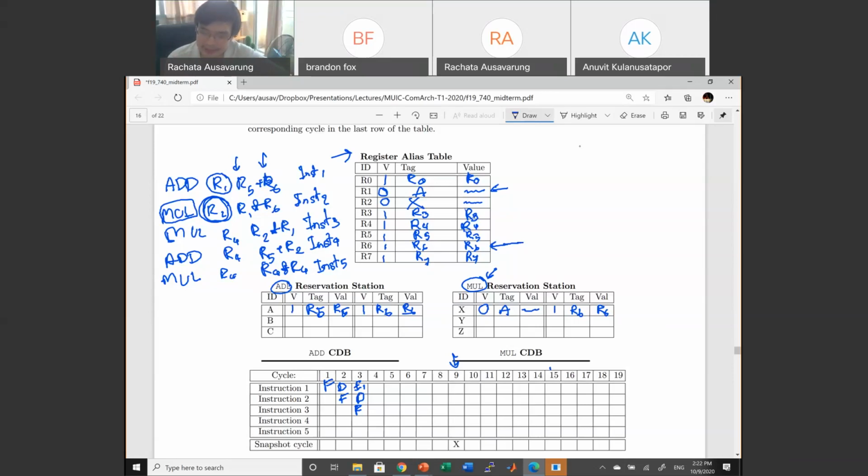And in reality, this table is a little bit bigger. You're looking at like 64, 128, or 256 entries for the reservation station, so that you can keep fetching a lot of things. All right, any other questions?